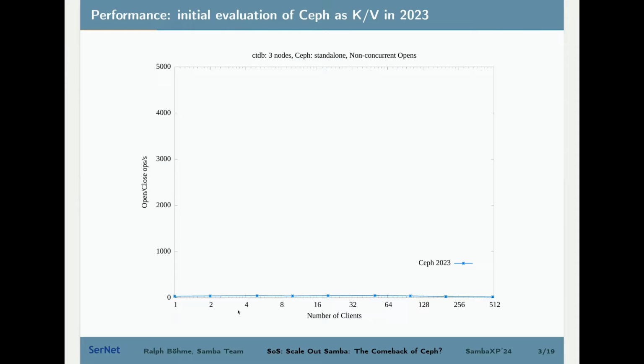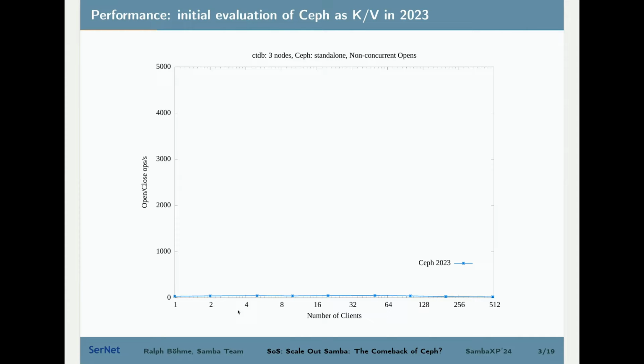But the total number of open closes, and what you see on the y-axis here is the total number of open closes on the whole cluster, should scale in some way at least, and not just stay down at the bottom there and actually decrease with the number of clients.